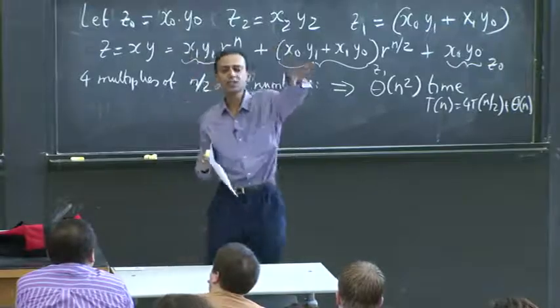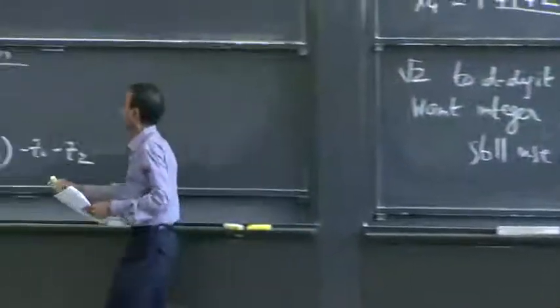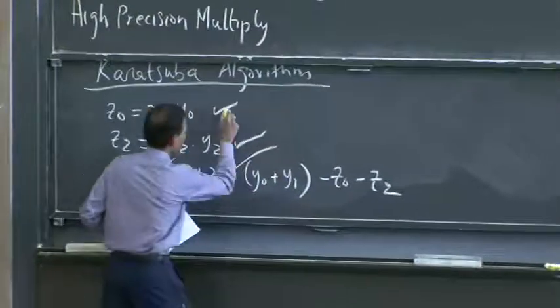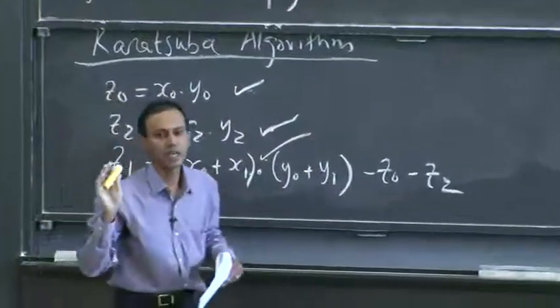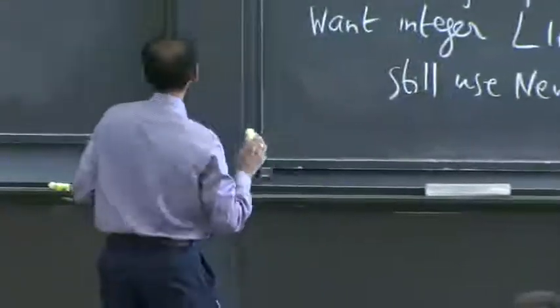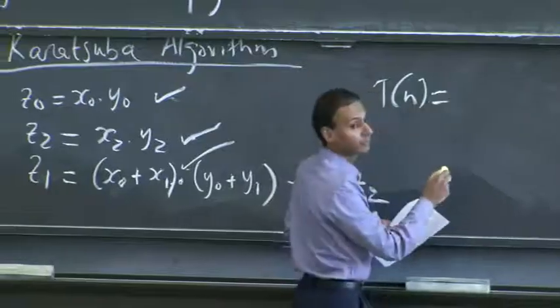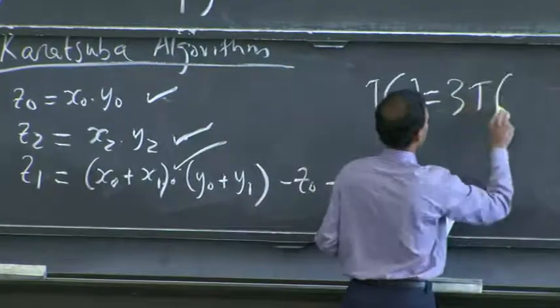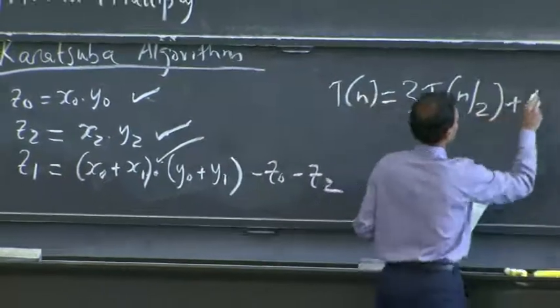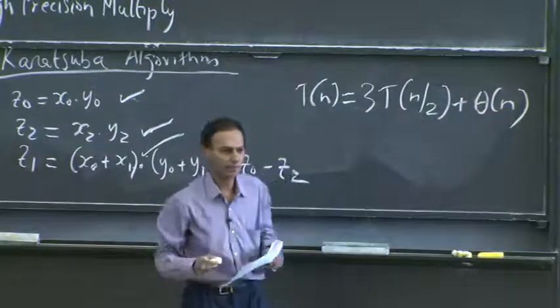That's right. So first insight is that we're only doing 3 multiplications here. Additions are easy. And we're doing 3 multiplications as opposed to 4. So tell me how that equation changed for T(n). T(n) equals 3 times T(n over 2) plus theta n, because you're doing 3 multiplications rather than 4.